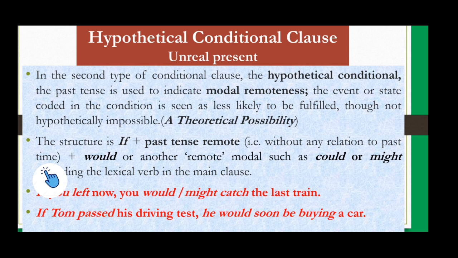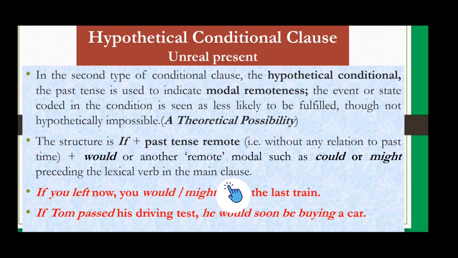Even though we use past tense in the conditional clause, we do not refer to past time. And then in the result clause we use would, or another remote modal such as could or might, preceding the lexical verb in the main clause.